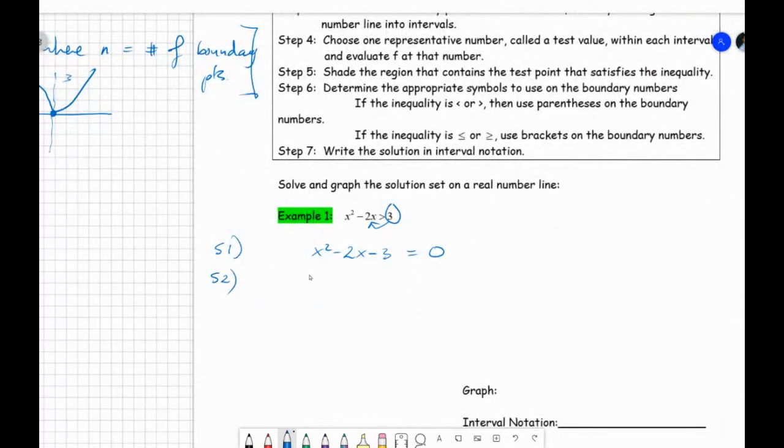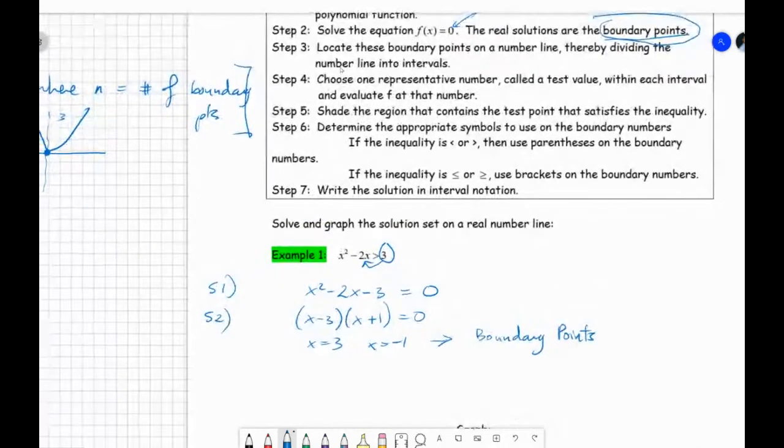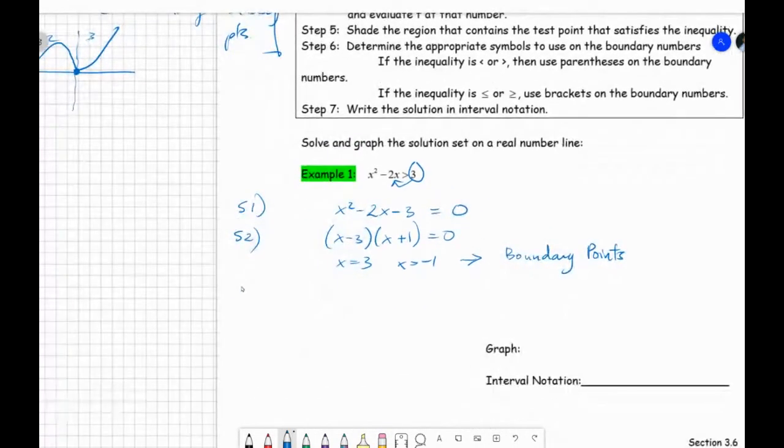So we're going to do that by factoring. So that means that these are our boundary points. Okay. Step 3, we're going to locate these boundary points on a number line, thereby dividing the number line into intervals. So we're going to draw a number line.